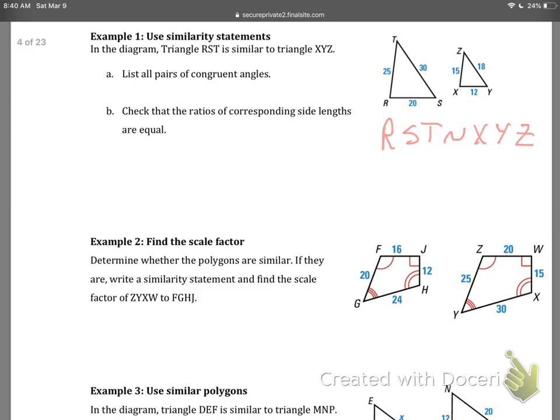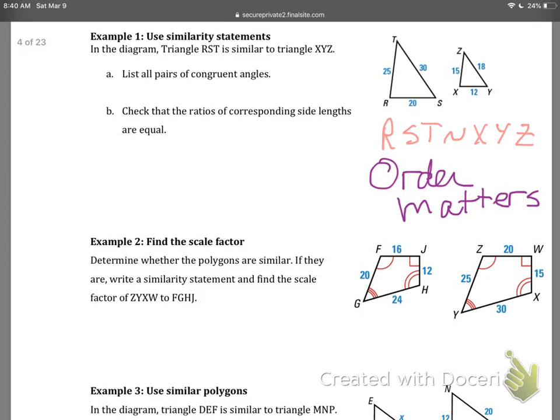And I'm going to just change color. And I'm going to say that order, excuse me, order matters. So order matters in this situation.